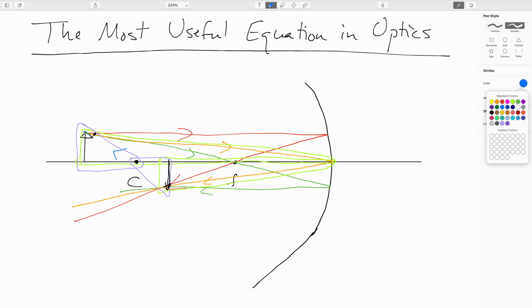There we go, in, out, like that. So anyway, the two lime green triangles are similar triangles. The two purple triangles are also similar triangles.